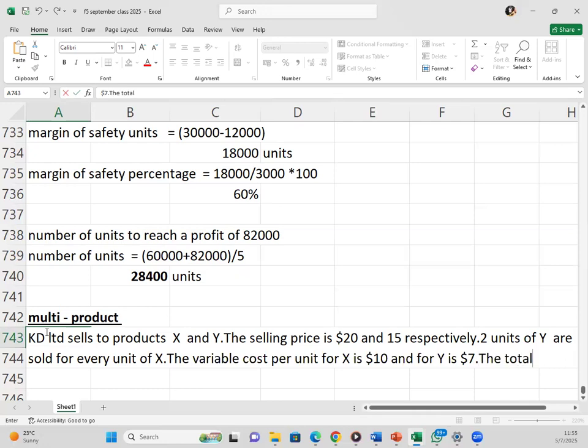The total fixed costs for the period are 90,000.